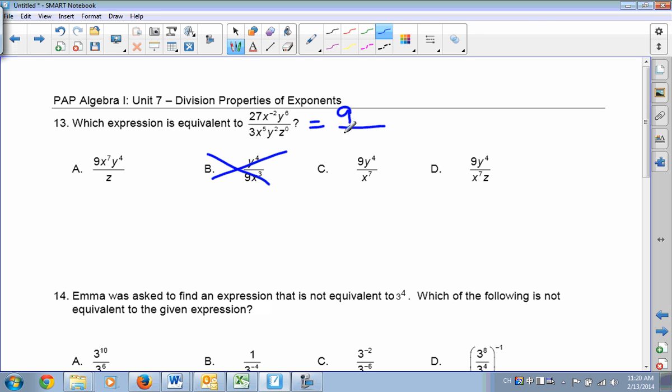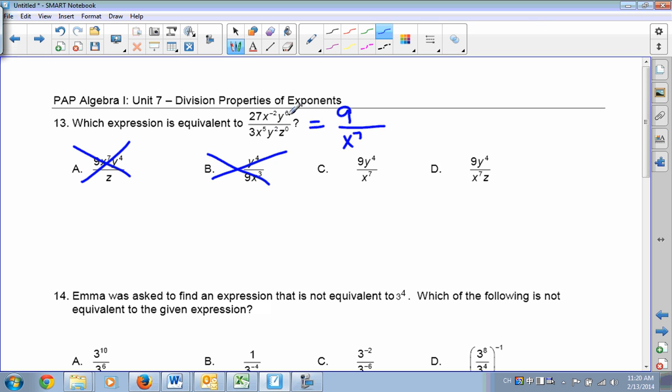We have x to the 5th in the denominator. And then we also have x to the negative 2 in the numerator. But what do we do to that? Bring it down. So really we have x to the 7th in the denominator. Okay. Bam. Okay. So we're down to C and D right now. Okay, y to the 6 over y squared.